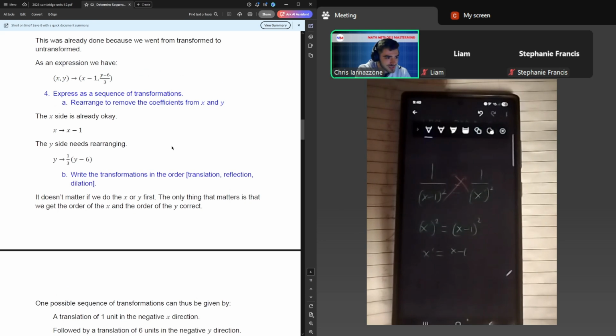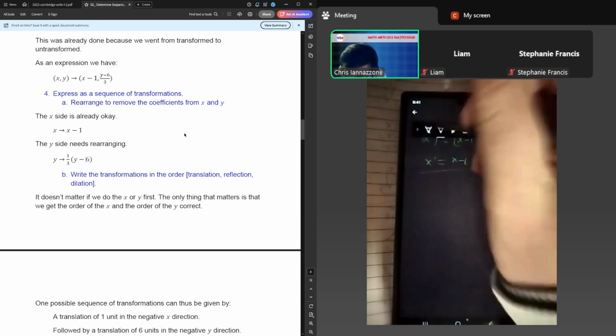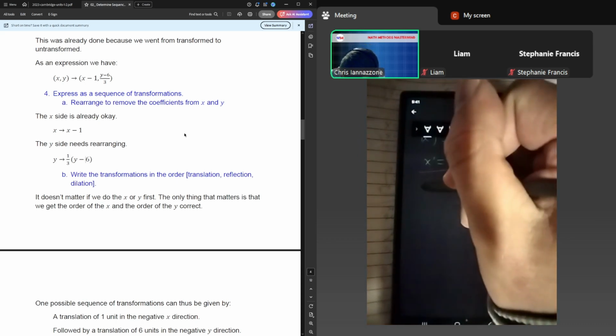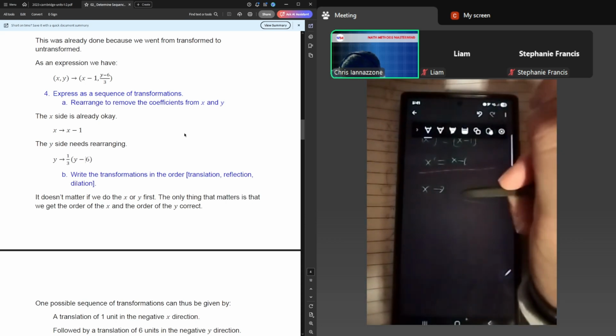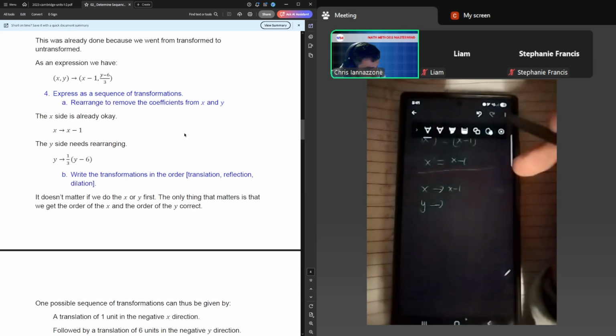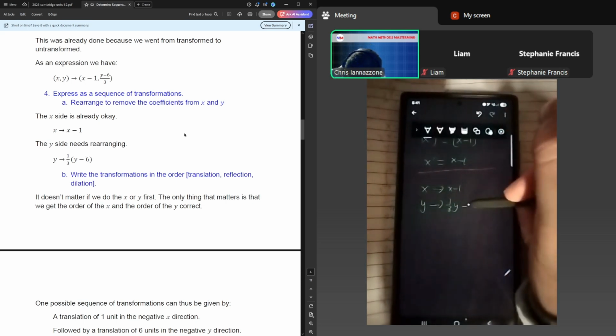Where you would use DRT instead is if you don't factorize but expand instead. So I'll come through and do that now. If you've already learned DRT, then what I would say is do this instead. So you have x goes to x minus 1, and then y goes to a third y minus 2.